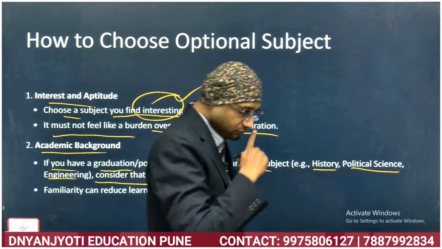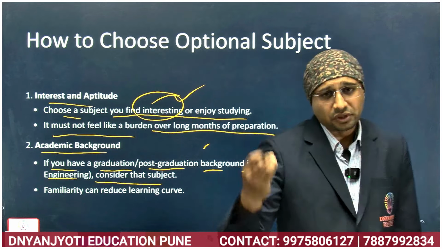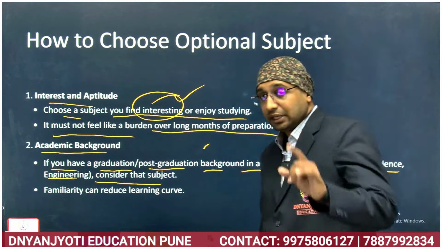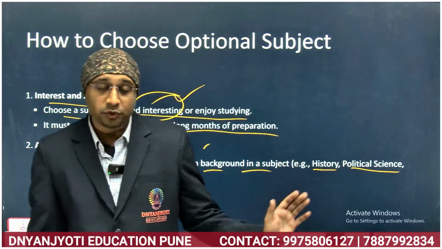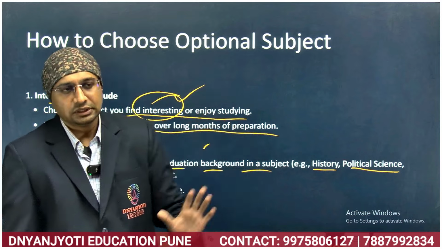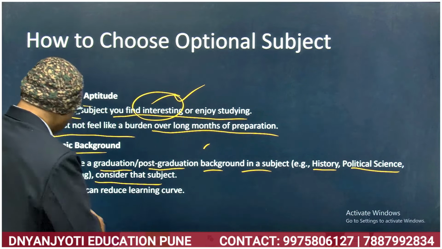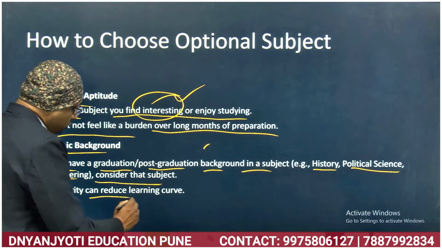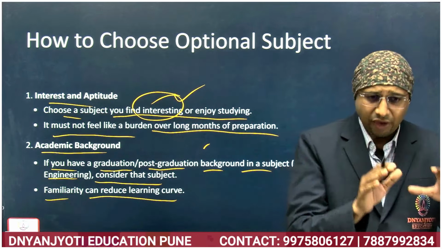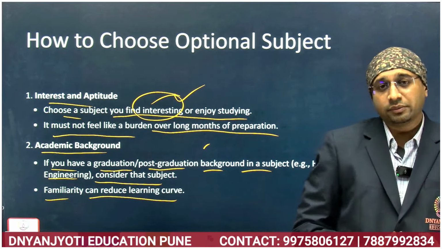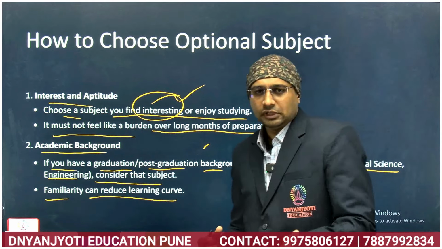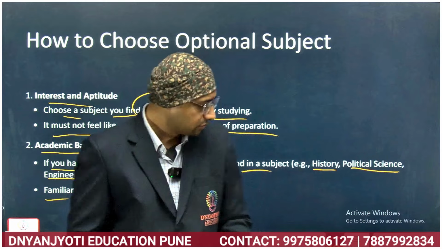If you have your graduation in these kinds of subjects, then maybe this will help you in choosing a particular optional subject. Then going further, familiarity can reduce the learning curve. It's very important that if you have basic knowledge of that particular subject, then it will help you in the preparation. It's an obvious thing.